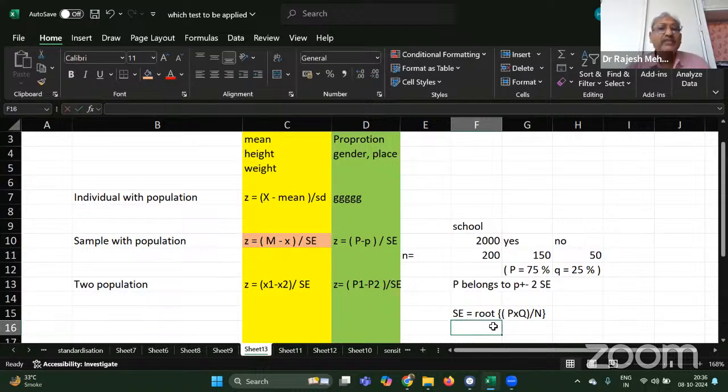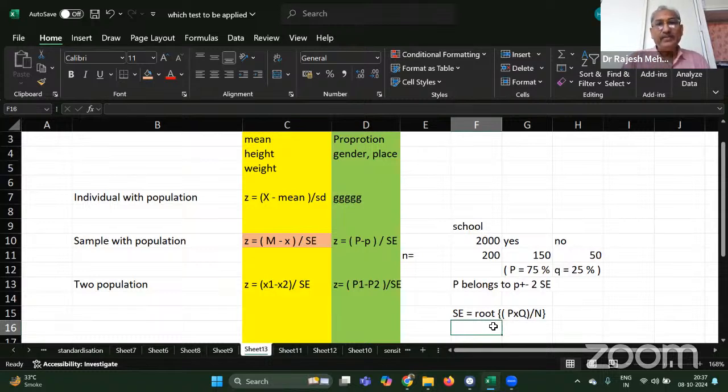You need not remember this formula because the computer automatically gives it, but this is to understand that if n is larger, you'll get a smaller standard error. If you get a smaller sample size, you'll get more standard error. These are all basically one kind of sampling error.